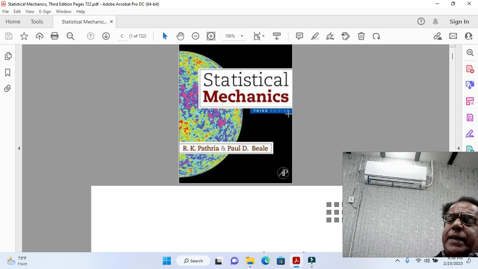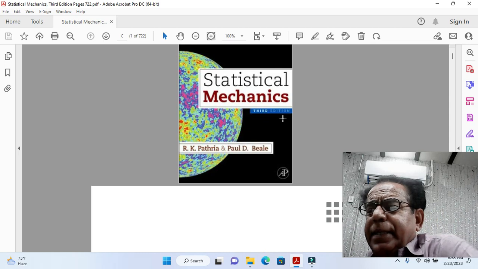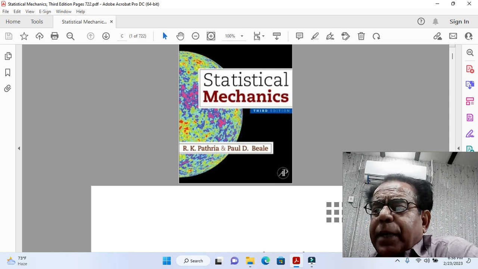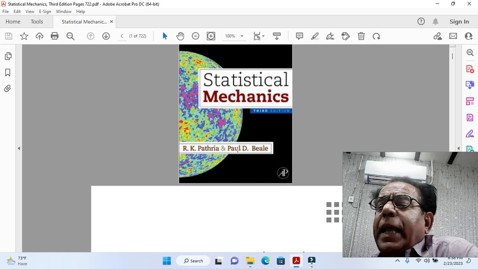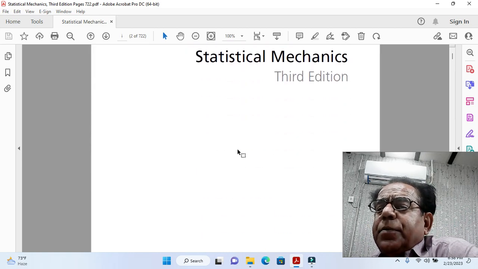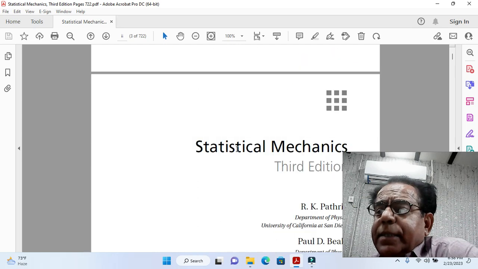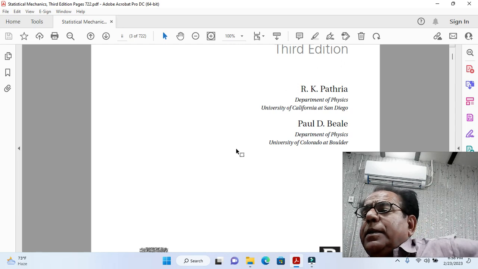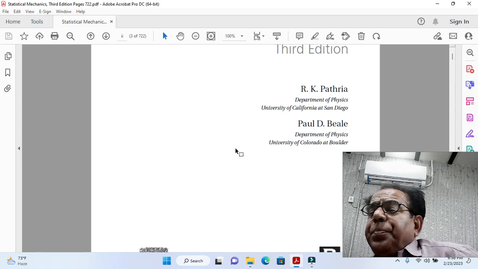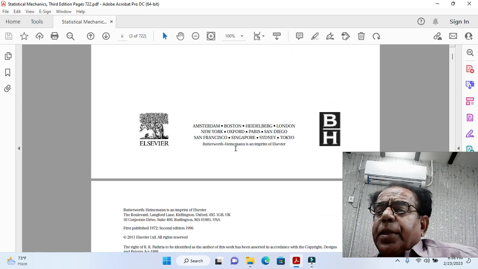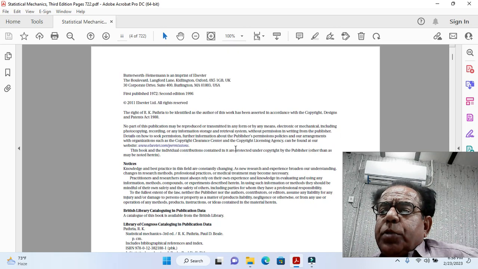Elsevier is the publisher, 2011. This book was published in the year 2011, while its previous editions were in 1972 and 1996.